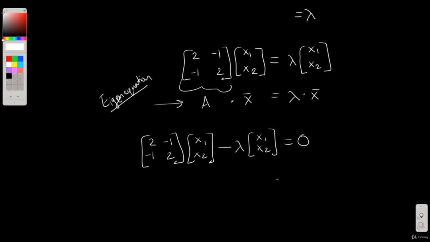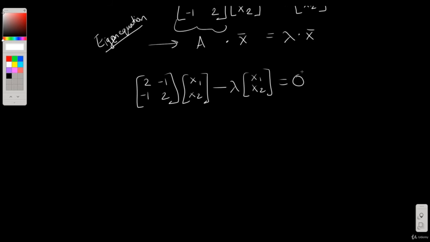If we want to solve the determinant, we have to set something equal to 0. And of course, we can factor out this x1, x2, and this can be equal to 2 times an identity matrix, which would allow us to write 2 minus lambda, minus 1, minus 1, 2 minus lambda.